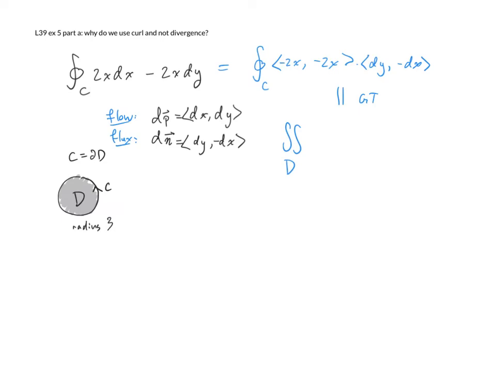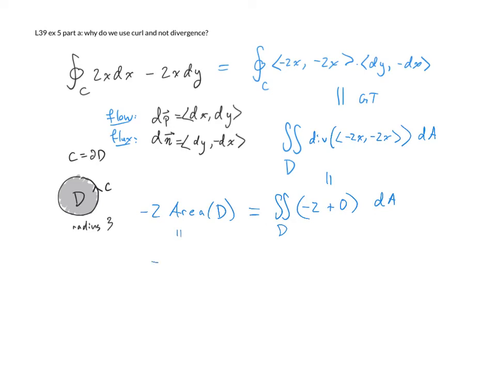So the divergence form will tell me that this is equal to the divergence of minus 2x comma minus 2x dA, and divergence of that is now minus 2 plus 0 dA, and the area of D, so that's minus 2 times the area of D, which is minus 2 times pi 3 squared, and that's my final answer.